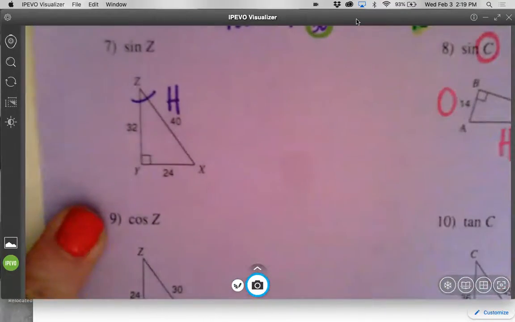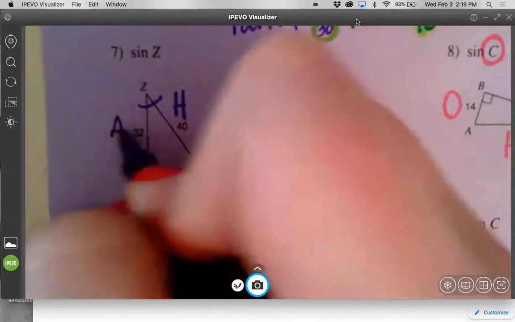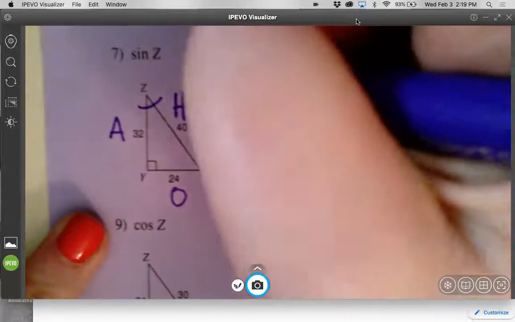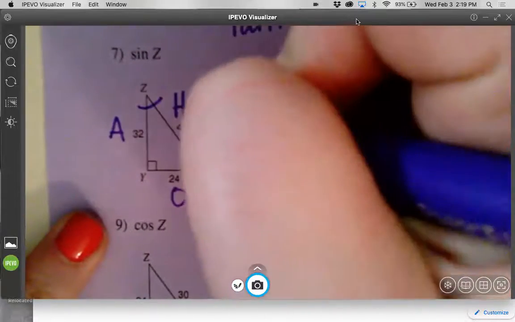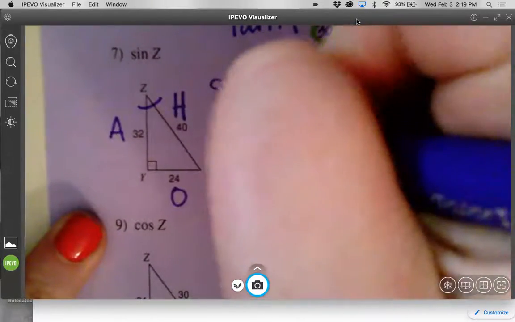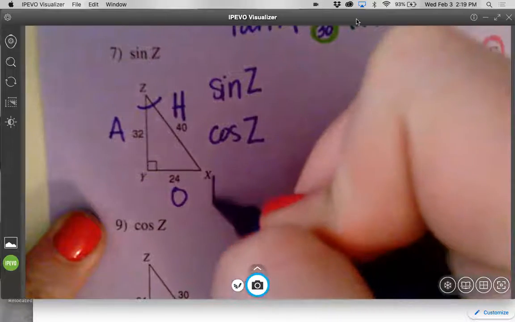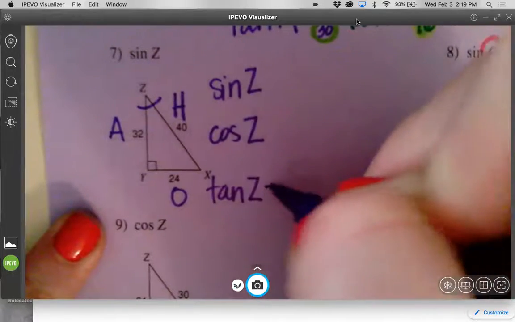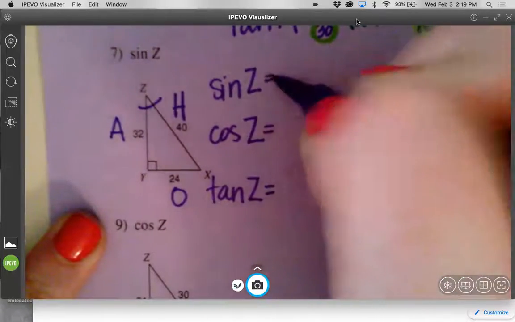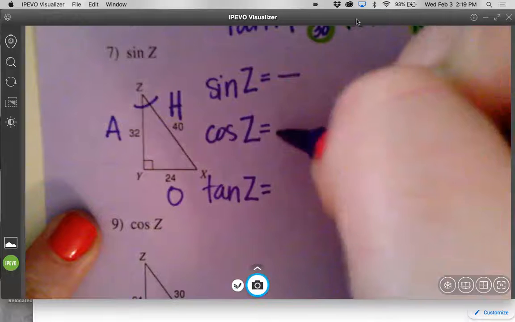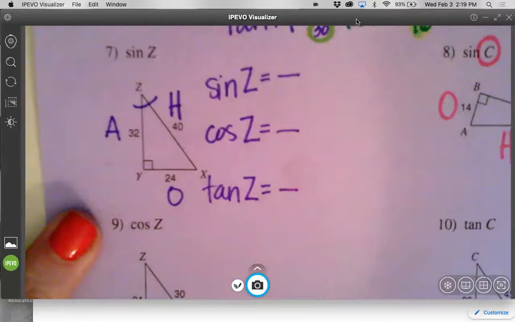And so the opposite is 24. So sine of Z, cosine of Z, tangent of Z. So SOH CAH TOA, S-O-H.